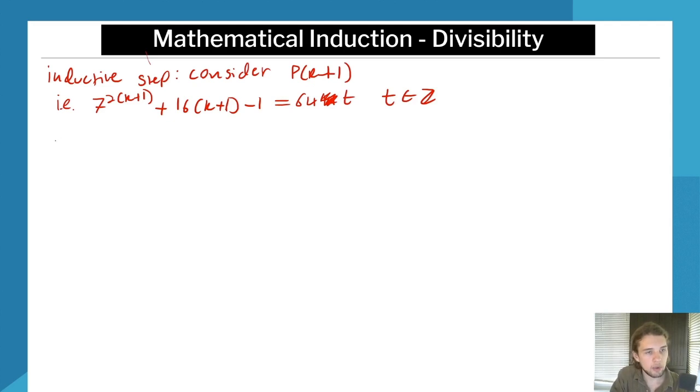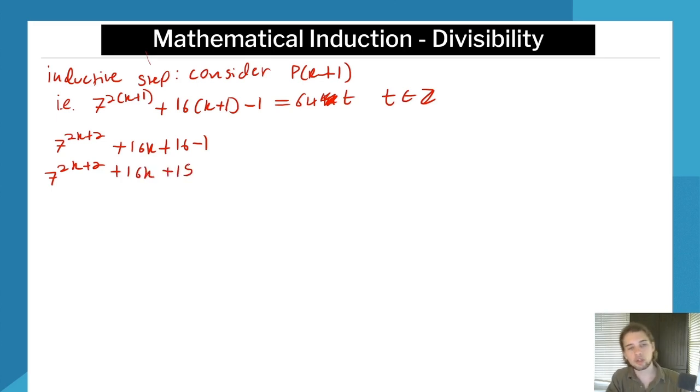Now, to do that, I'm going to expand this right side here to simplify our expression a little bit and get us just a bit closer towards finding an answer.